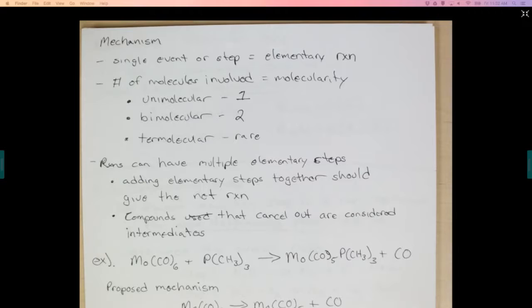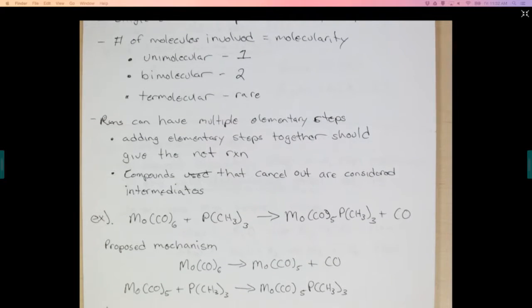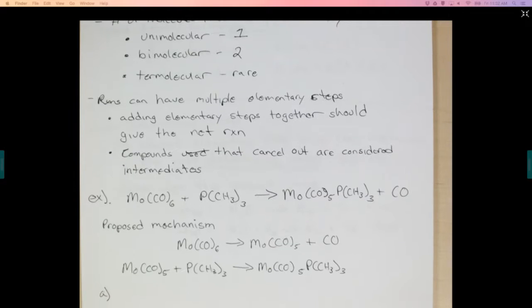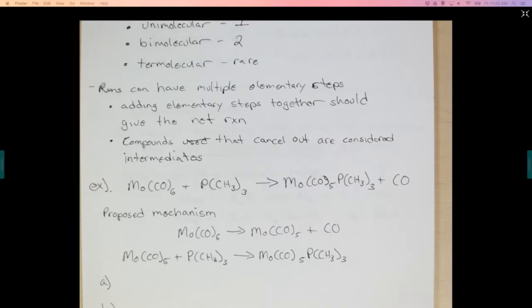So, generally speaking, reactions can have multiple elementary steps, and adding the elementary steps together will give you the net reaction. So the way the question is going to be posed, we're going to show an example in a minute, but you're going to get the overall reaction, and then it's going to say that the proposed mechanism has 2-3 steps.